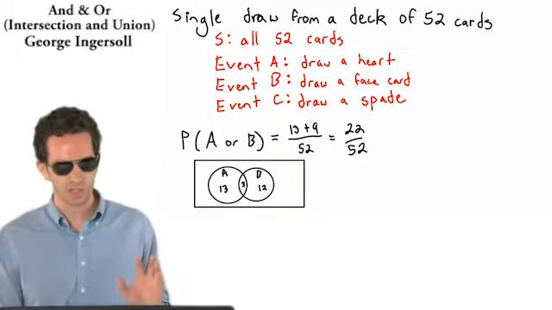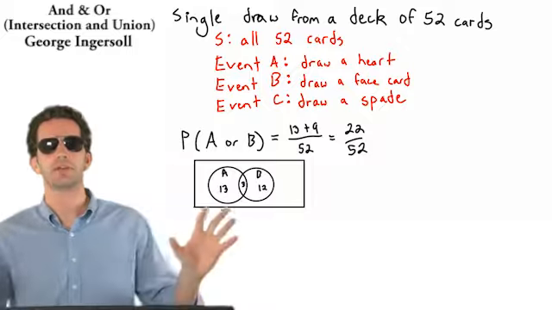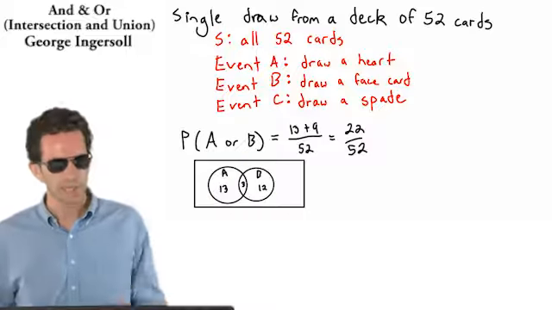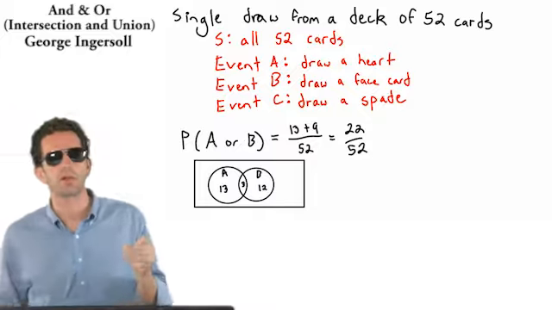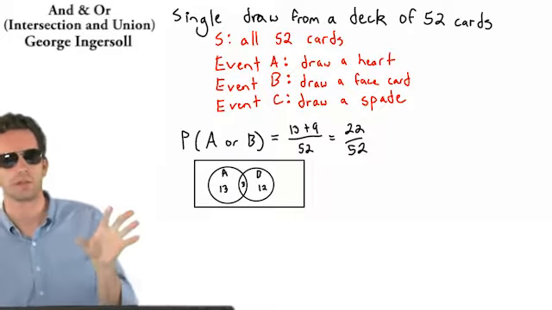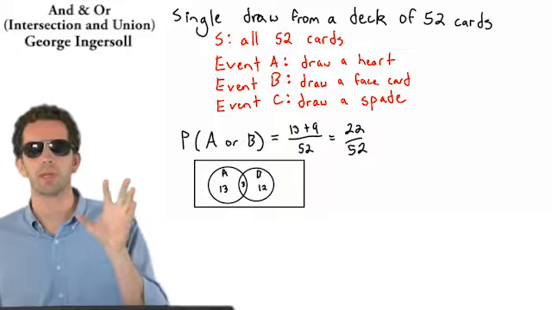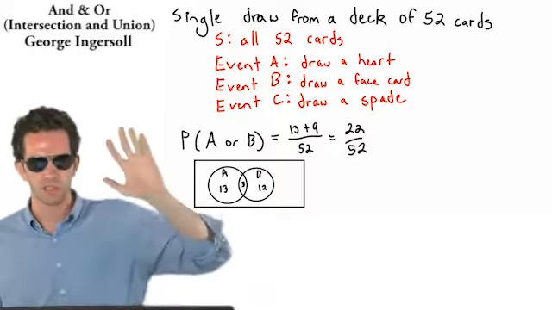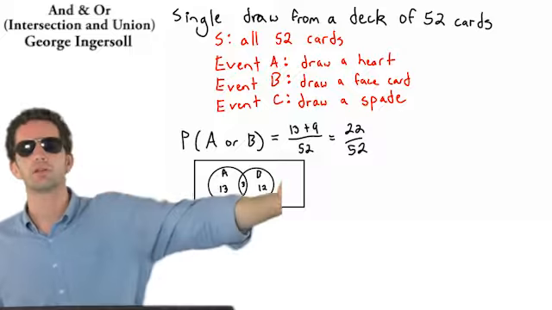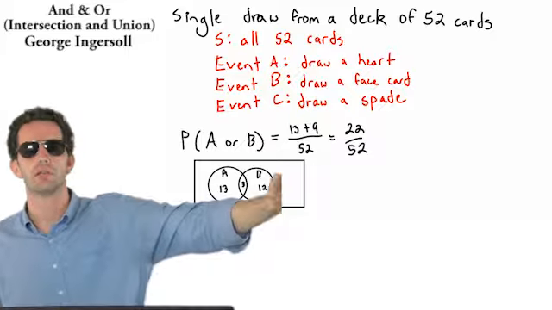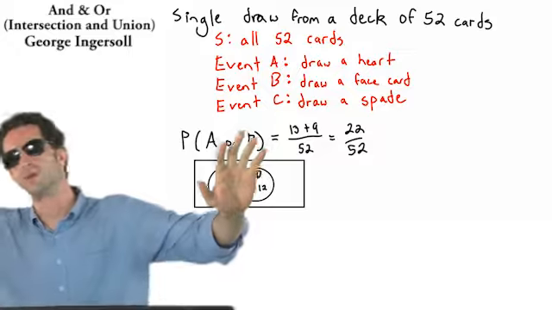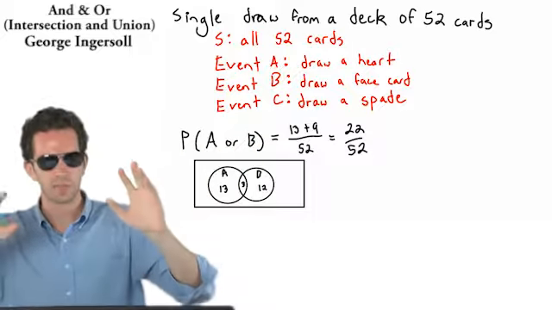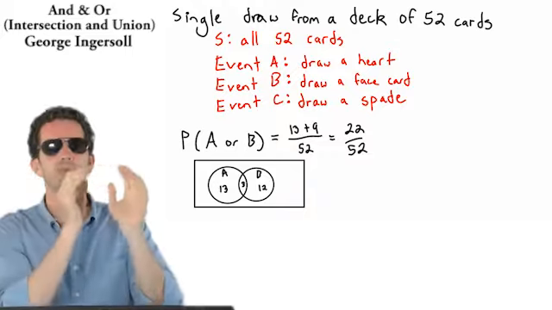And the reason that we can't just add these 2 events together to get the total number of outcomes we're looking for is because we'd be double counting those cards that are hearts and face cards. Some of you are very familiar with this from a mathematical standpoint. For those of you who are not, let's just think about this really quick. If we're going to count the hearts, there's 13 of them. And there's 12 face cards. The reason we can't just add them together is because then we'd be counting those three.